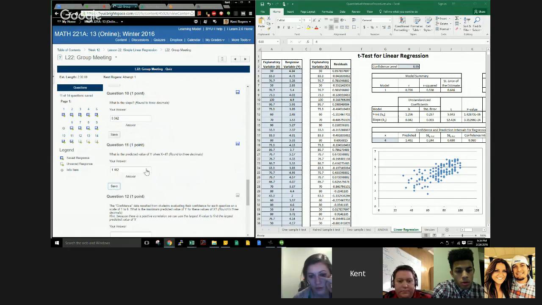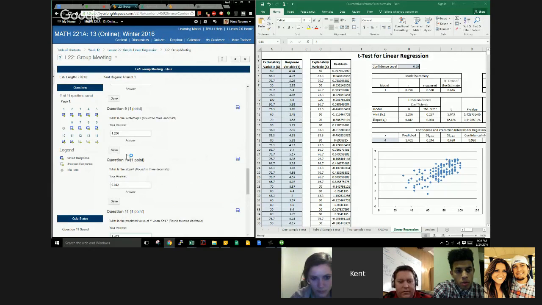So does someone want to hand compute this to check? For 11, what's the predicted value of y? When I plug it into the spreadsheet, I get 1.462. Yes, that's what I get. Let's see, okay, so sorry, I'm catching up with you guys. So y-intercept 1.296.